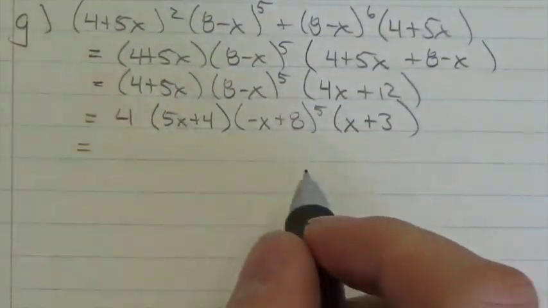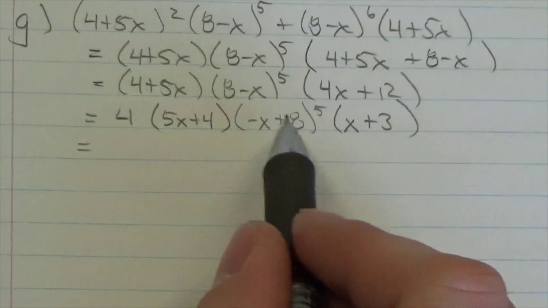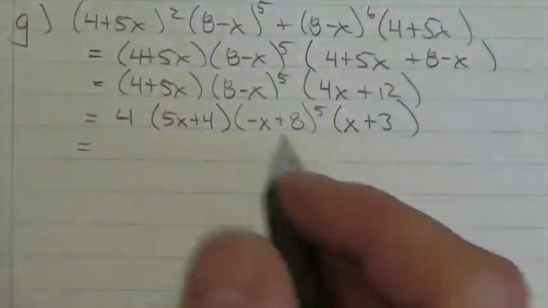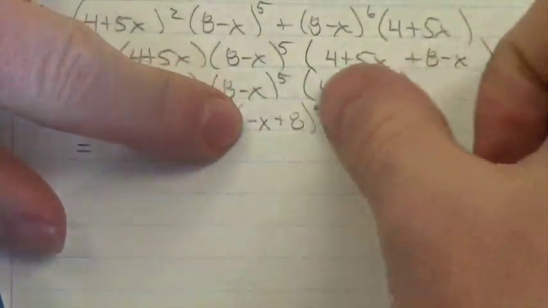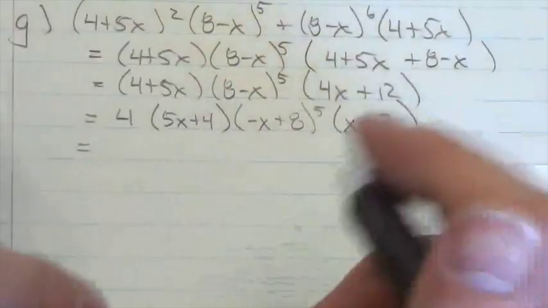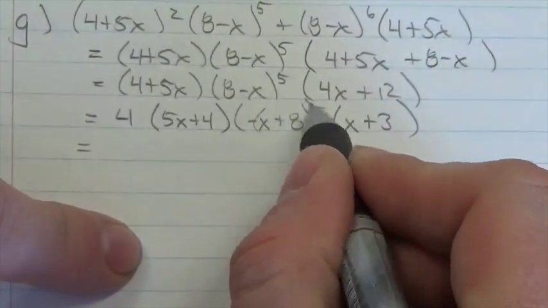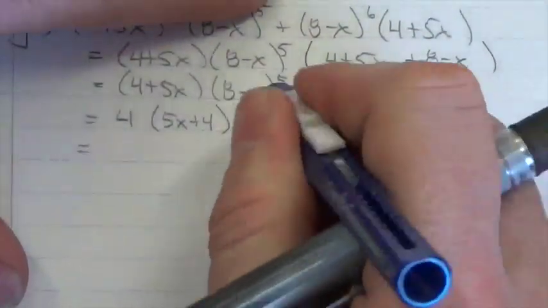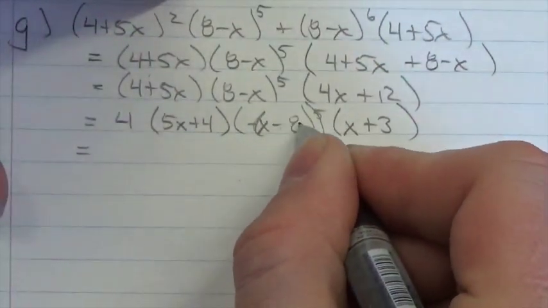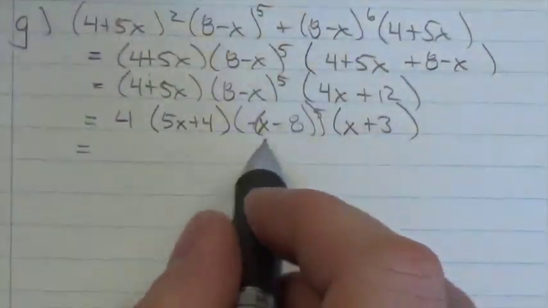Now I'm going to do one more thing here. Right here. I don't like the fact that there's a negative in front of that x. So what I'm going to do is, within this set of parentheses that's being taken to the 5th, just within it, I'm going to factor that negative out of that binomial. And what that's going to do is make this positive x − 8 inside there, and then all to the 5th.